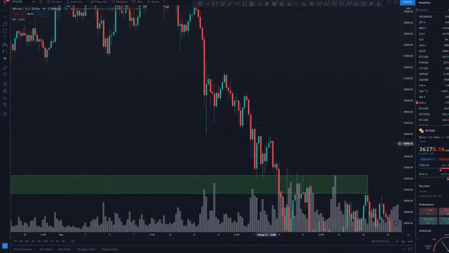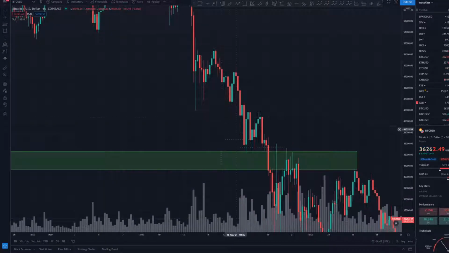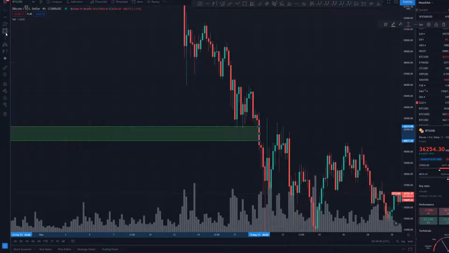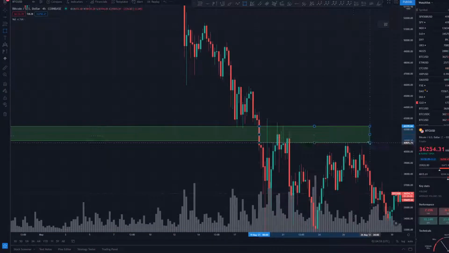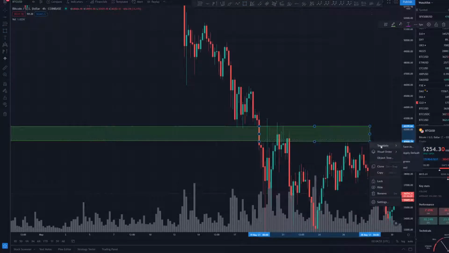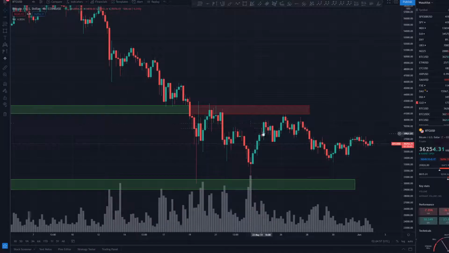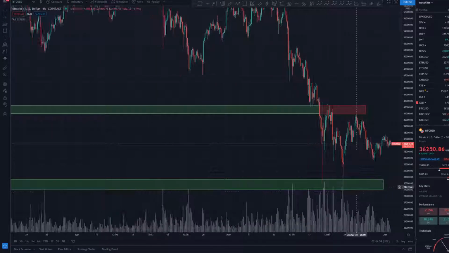Even though it went through eventually, we still found it as pretty strong support the first time through. And what do we say? Broken support then turns into resistance. Look at that. So far it has rejected once, twice, and price is still below the resistance. We call that back testing.